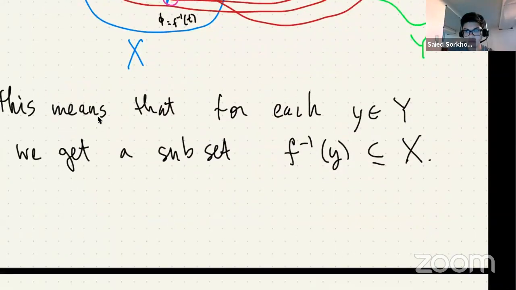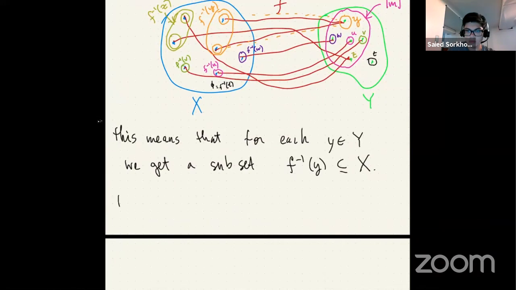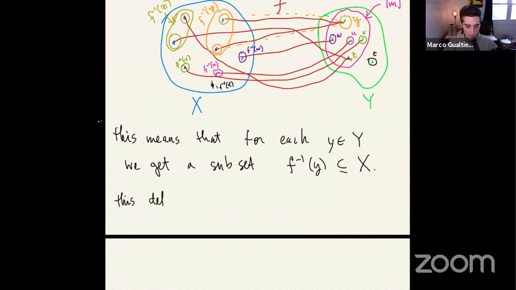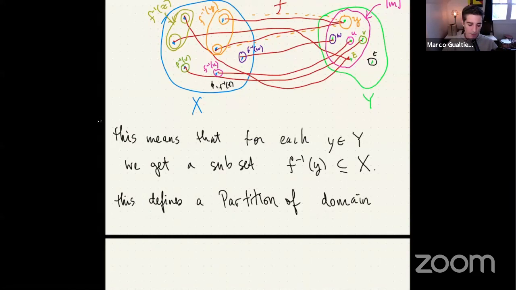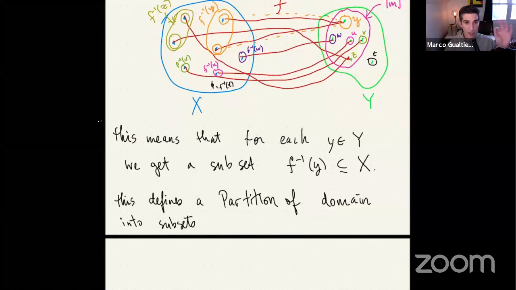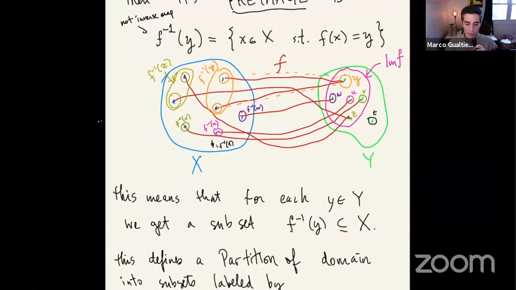Okay, so what we obtain defines a partition of the domain into subsets, and these subsets are labeled by what? What are the subsets? I told you that I divided the children into these groups. So what is the distinguishing label for each of these groups?